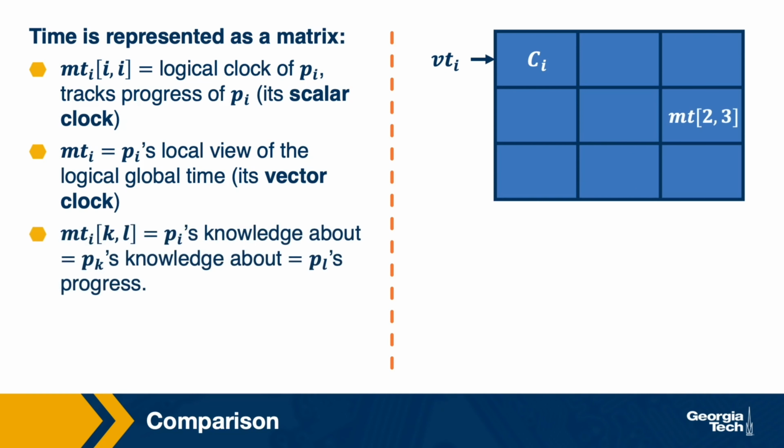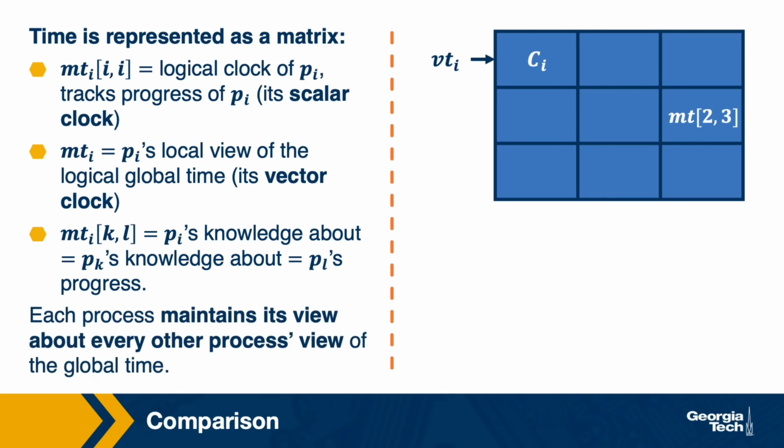All of the other elements, so all of the other rows in the matrix, correspond to Pi's view of what the other nodes' view is of the time in the system. So for instance, the element in position 2,3 corresponds to, in this case, P1's view about P2's current knowledge of the time and therefore the progress of process 3, P3.